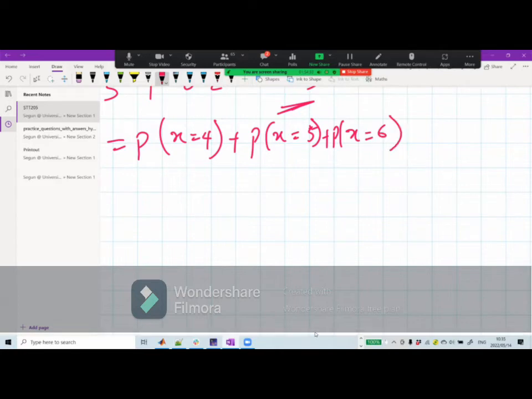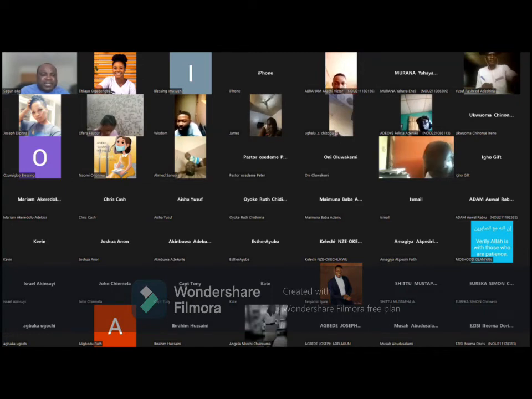So what's the answer, please? Remember, at this point, everybody please listen. What you need to do is check which of them we are talking about. More than 3 means it cannot equal 3.